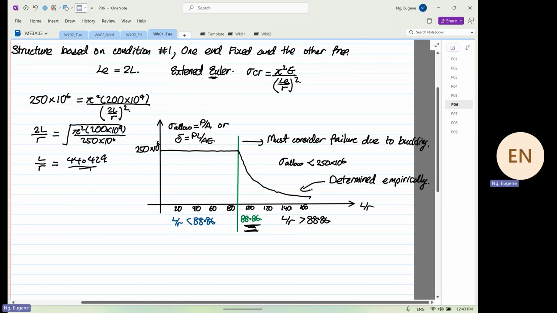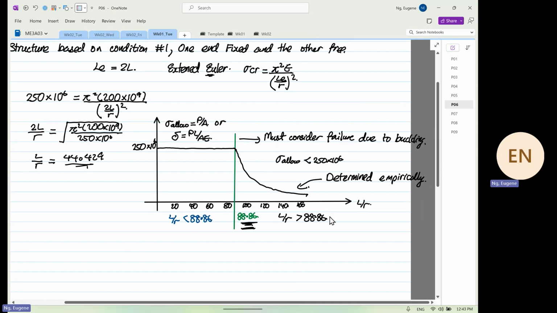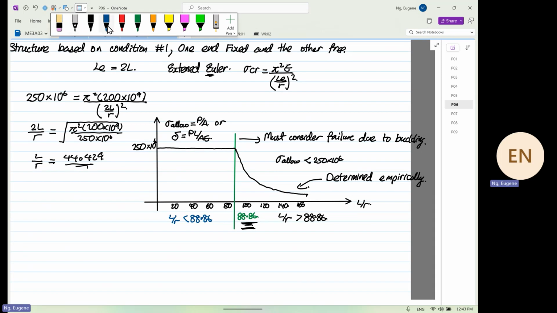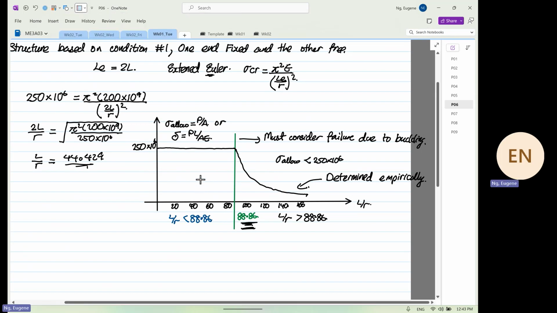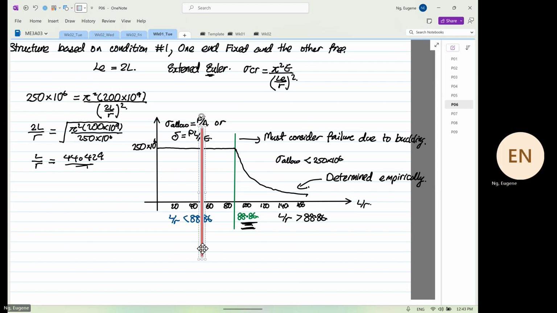So what it means, 44.427 or 429, if I were to draw a red line somewhere around here, so I'm going to declare this is my 44.429, okay? Based on this graph, can someone tell me what is going on?